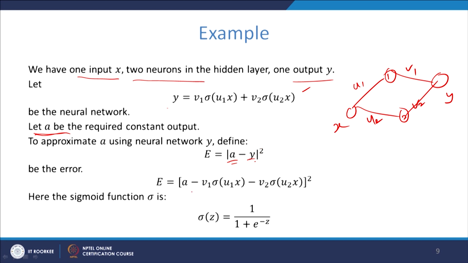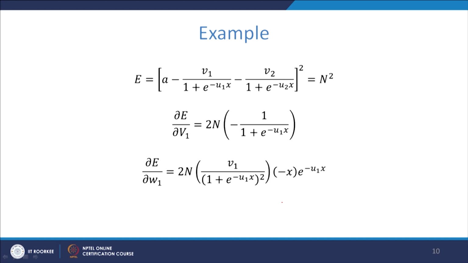To minimize that, when we substitute y, we get E equal to a minus this whole square, and sigma of z is taken as the transfer function, the sigmoid function, and so the error is written in terms of the sigmoid function like this. del E by del V1 and del E by del W1 are like this, the partial derivative of this expression E, where n is nothing but this square bracket expression.